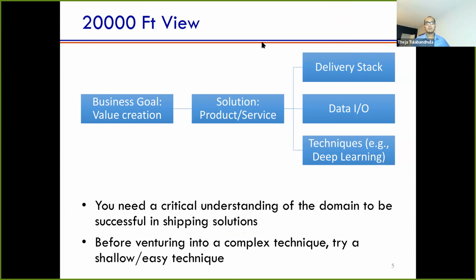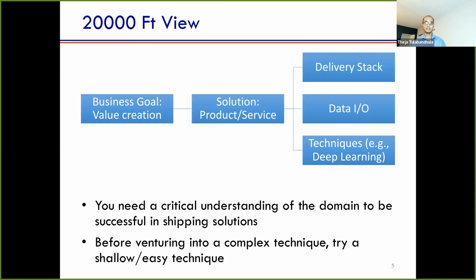Okay, so the point of this slide is actually not that deep, but at the same time, it becomes a big concern if you don't pay attention to it. The 20,000 feet view is really about where we are creating value and what the right solution is, whether it's a product or service, and then how we solve it.